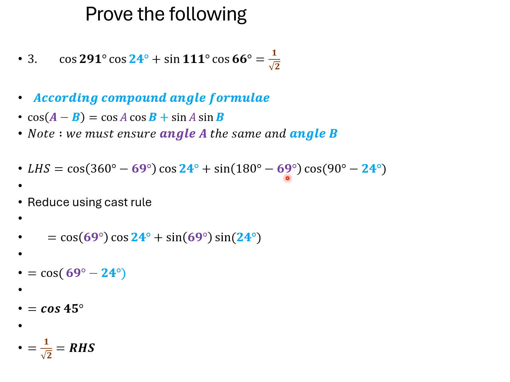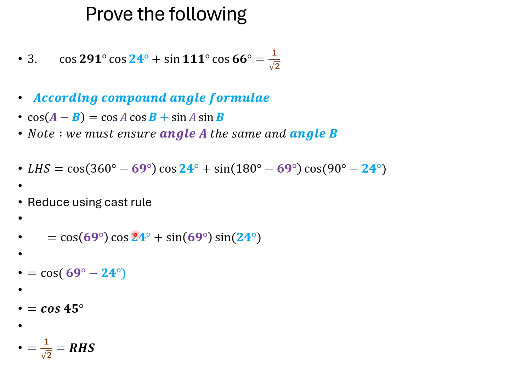In the second quadrant sine is positive, so that simply stays sine 69. Cos of 90 degrees minus 24 falls in the first quadrant. In the first quadrant everything is positive, so that simply becomes sine 24. The 90 changes cos to sine.